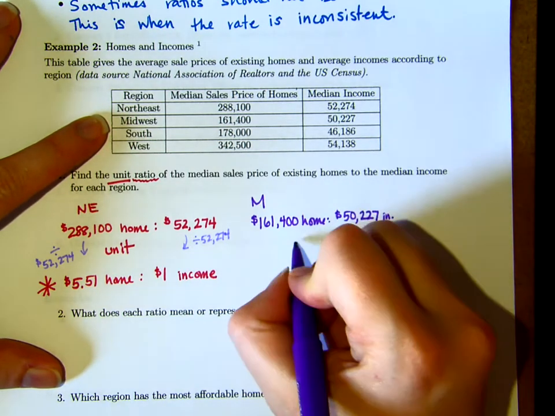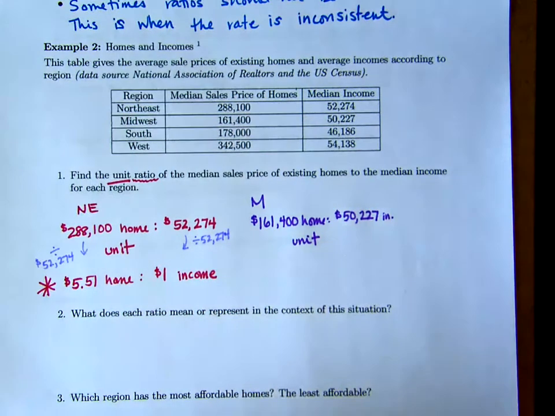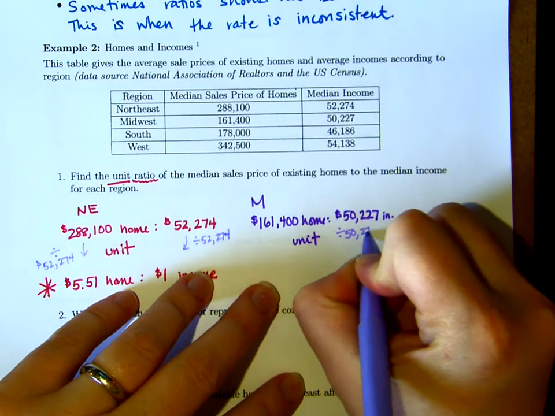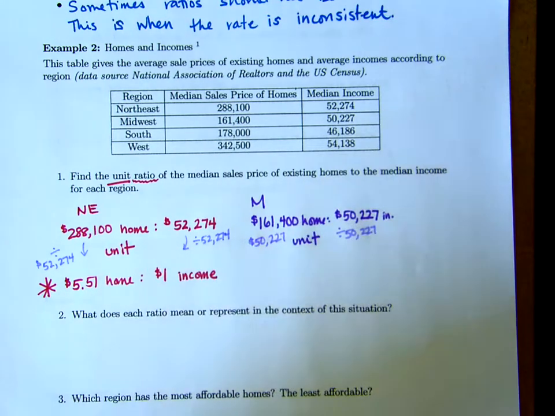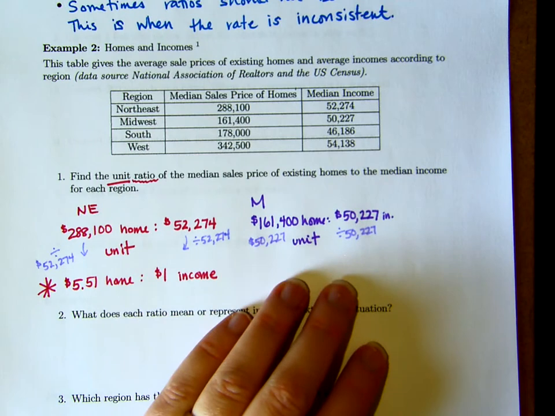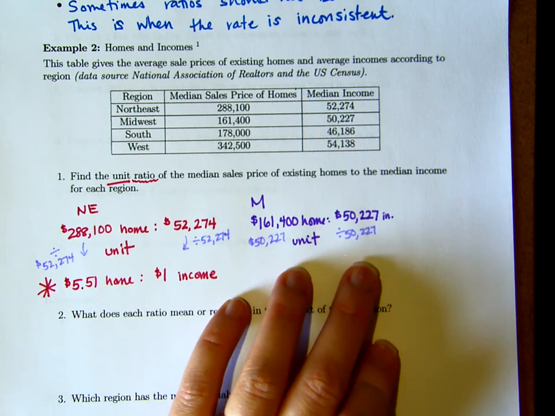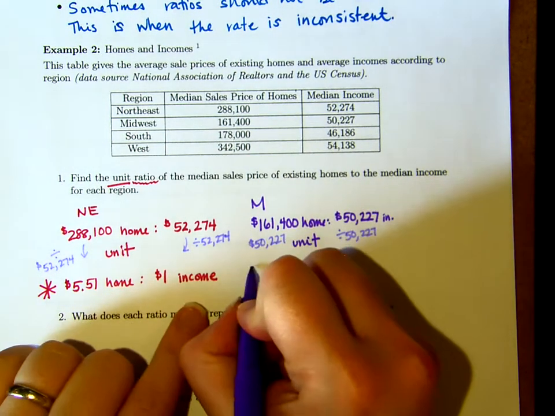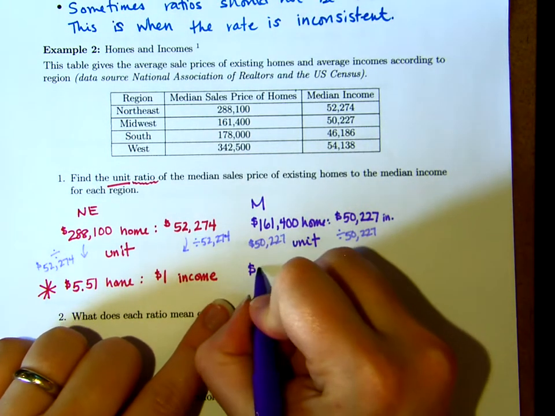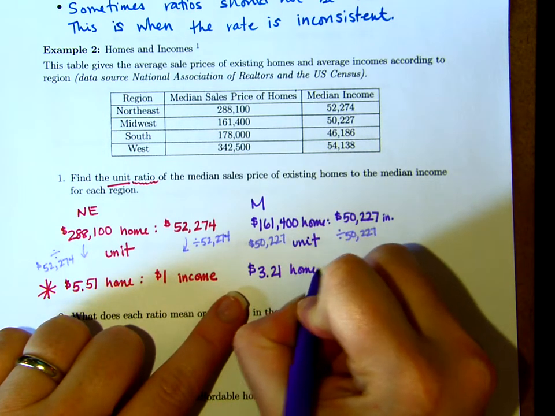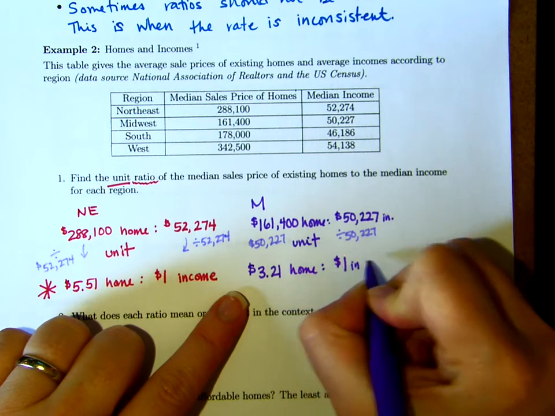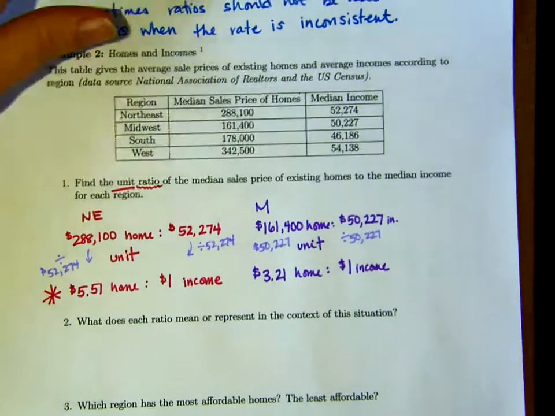If I unitize this, I'm going to scale down by $50,227. So $161,400 divided by $50,227 annual salary means that you spend about $3.21 on a home for every $1 of income in your salary.